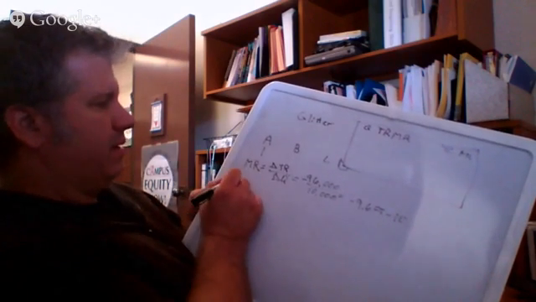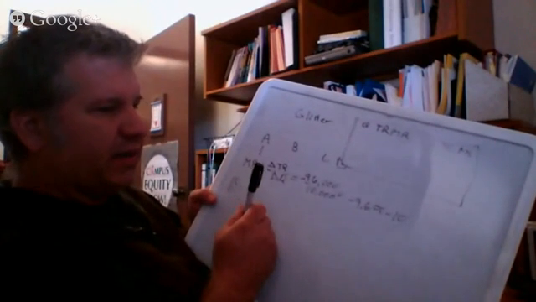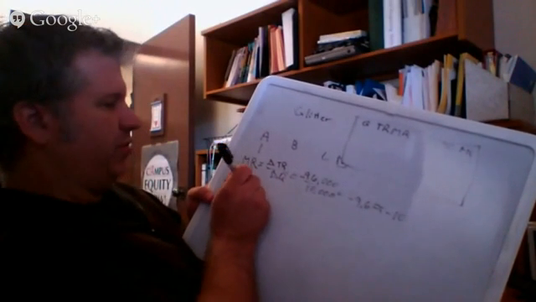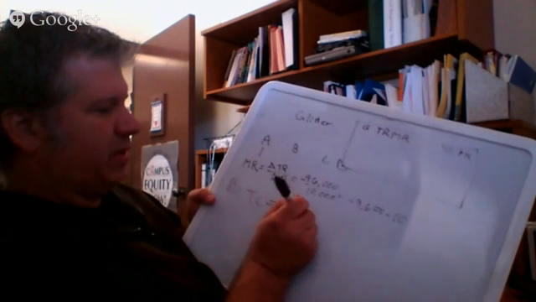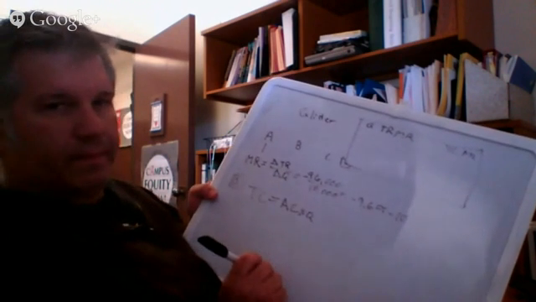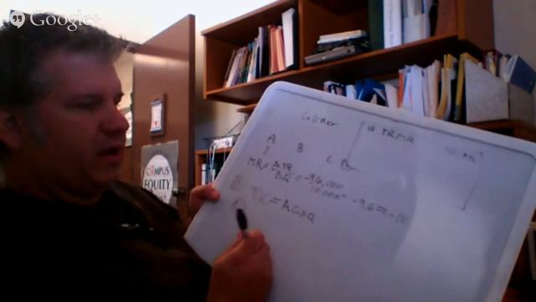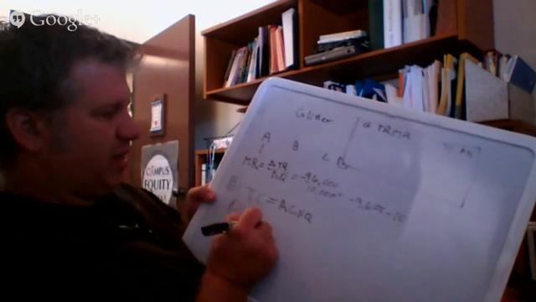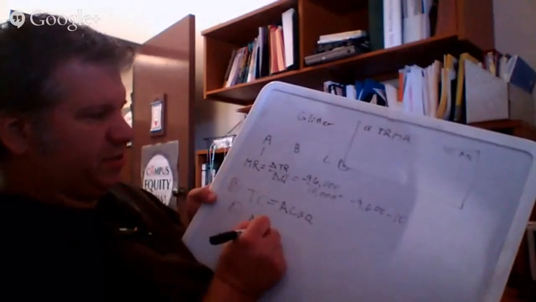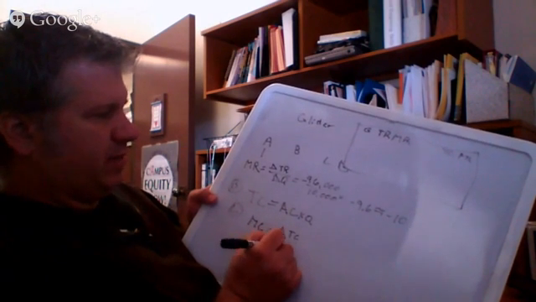But for B, the formula is not too difficult. The formula here is that we need to know that total cost is equal to average cost times quantity. For C, this one's going to be very similar to before: marginal cost, as opposed to marginal revenue, is equal to the change in total cost divided by the change in quantity.